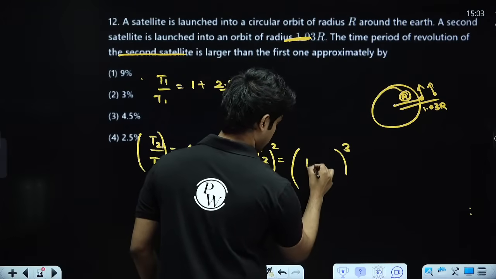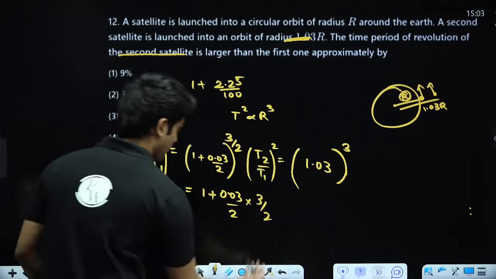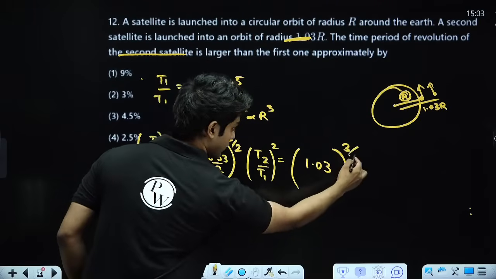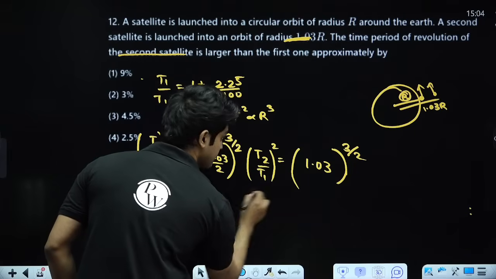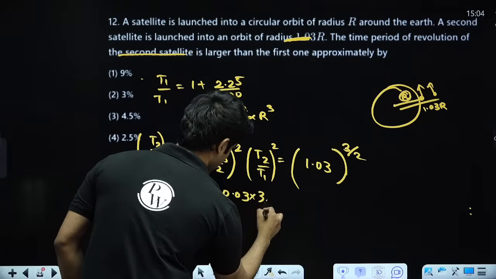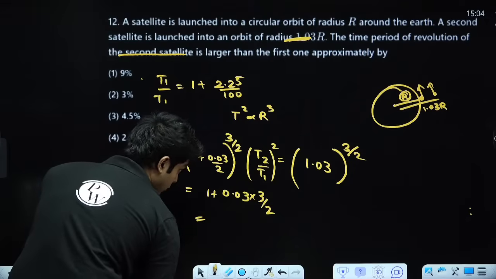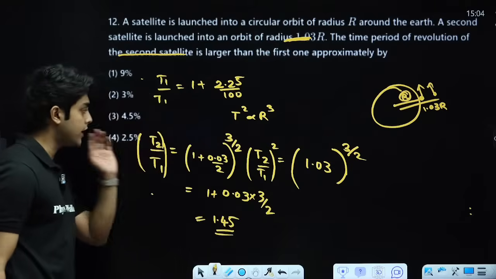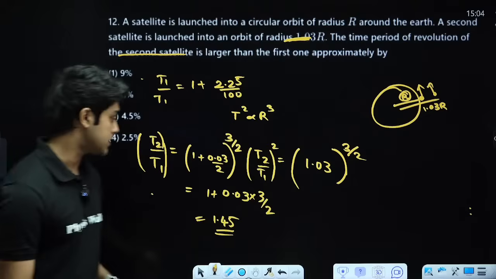So this would be 1.03 and whole cubed. So over here, T2 by T1 will be raised to the power 3 by 2. And here we'll have 1 plus 0.03 times 3 by 2. This will be 1 plus nx. And this is going to be 9 by 2, 4.5. So the second orbit's time period is not 1.45, but 1.045 times the first time period.